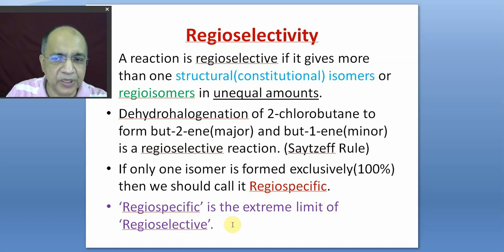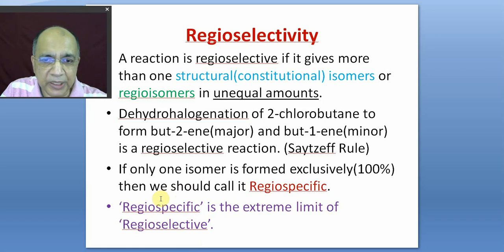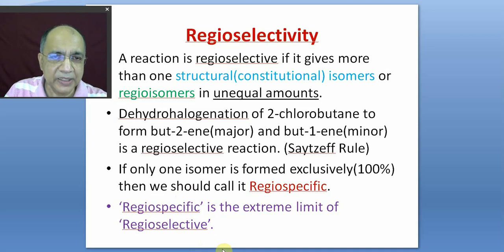So regiospecific is the extreme limit of regioselective. Otherwise, there is no point in misusing the term regiospecific if you are not sure that the percentage of one is nearly 100% and the other is almost extinct.